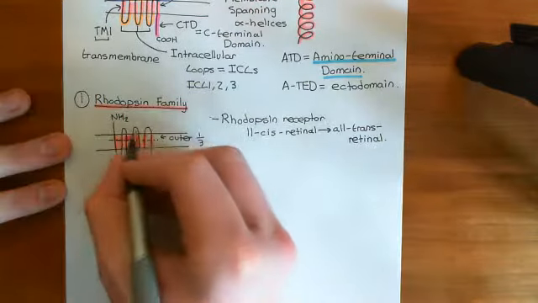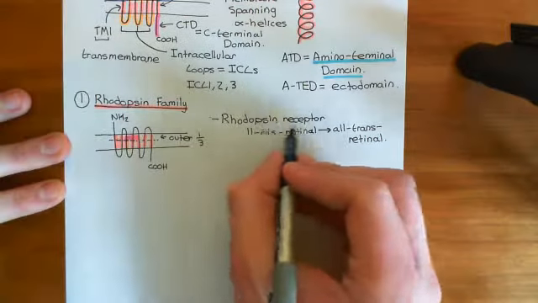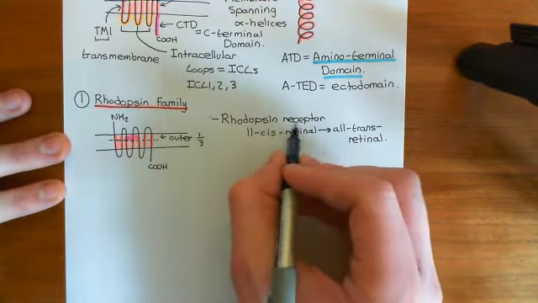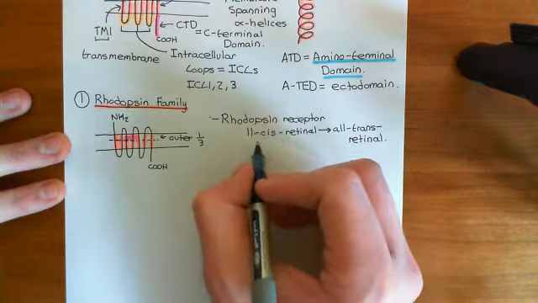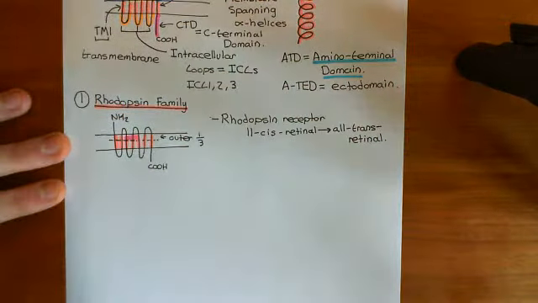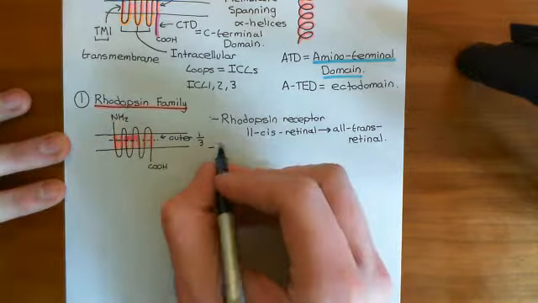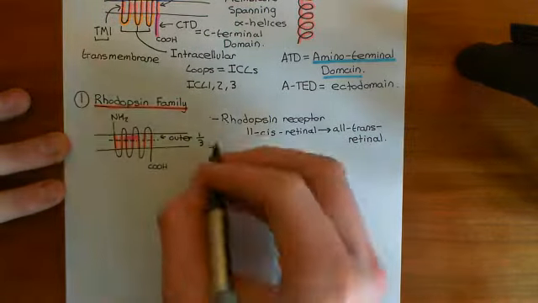This then cleaves off the rhodopsin receptor, which is often on its own known as the opsin receptor, and that is then capable of interacting with a heterotrimeric G protein known as transducin. So that's an example of a rhodopsin family G protein coupled receptor.